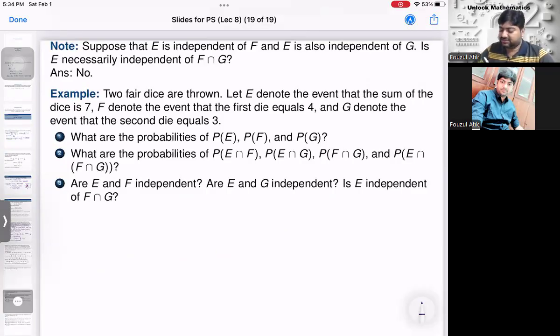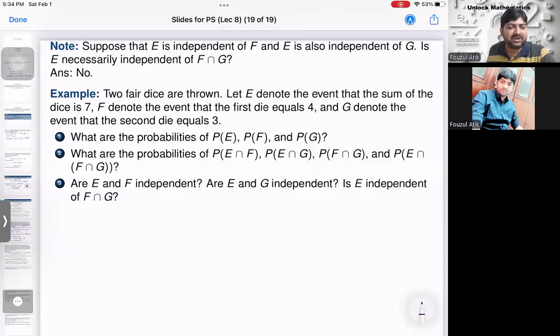Two fair dice are thrown. Let E denote the event that the sum of the dice is 7, F denote the event that the first die equals 4, and G denote the event that the second die equals 3.